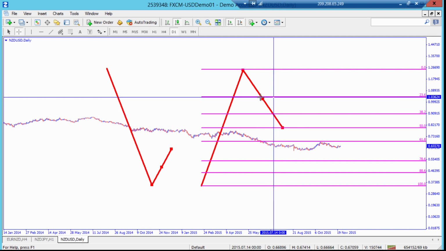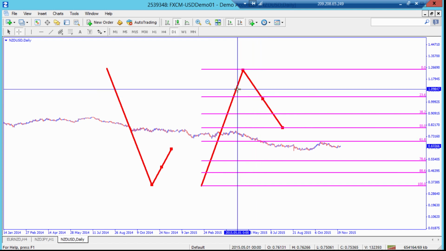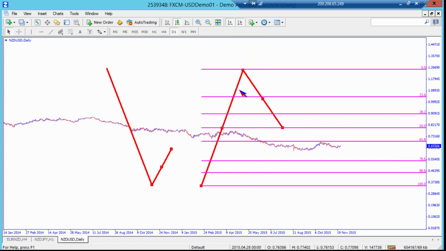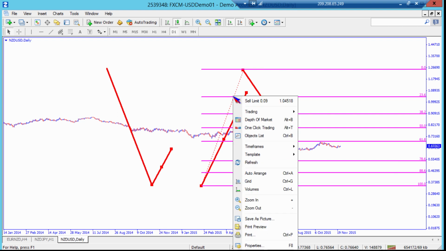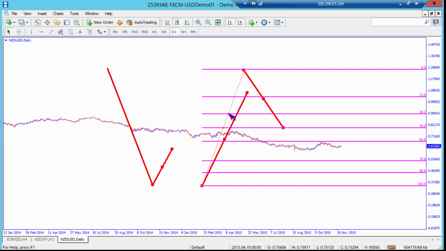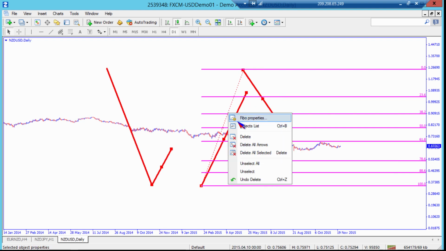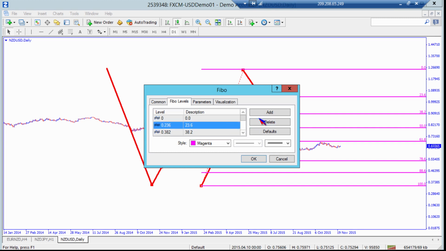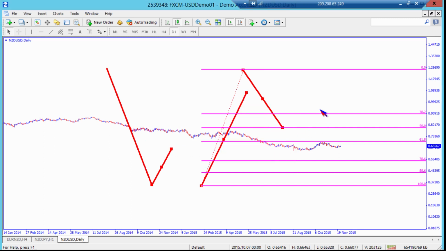Quite honestly, unless you understand how to use the 23%, I'm going to take it off the table, because most people don't know how to use it in terms of identifying a very strong trend. So we're going to delete that.